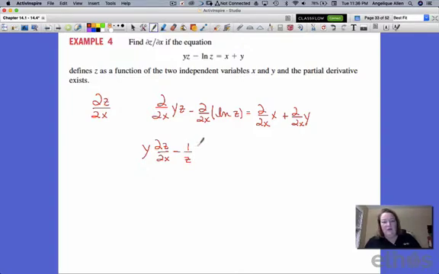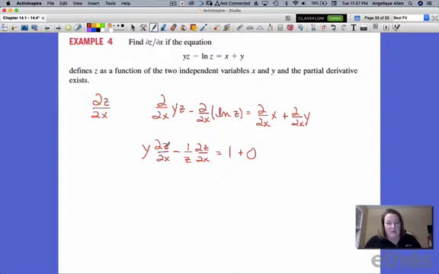And then chain rule says dz/dx, just like in the first term. Okay. d/dx of x is 1, and dy/dx, since y is being held constant here, is 0.